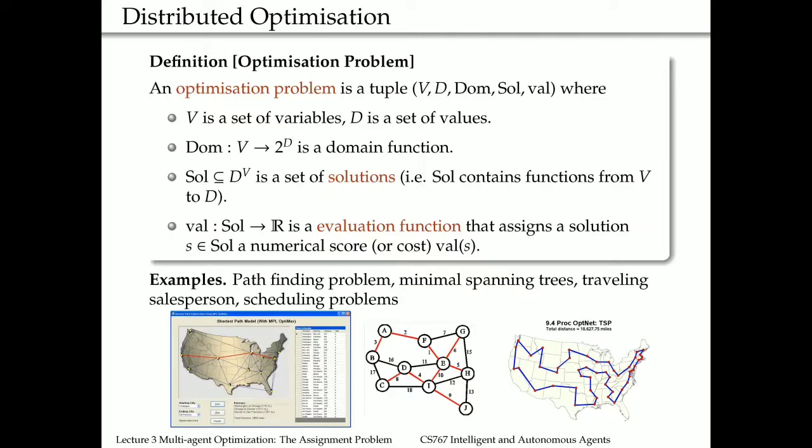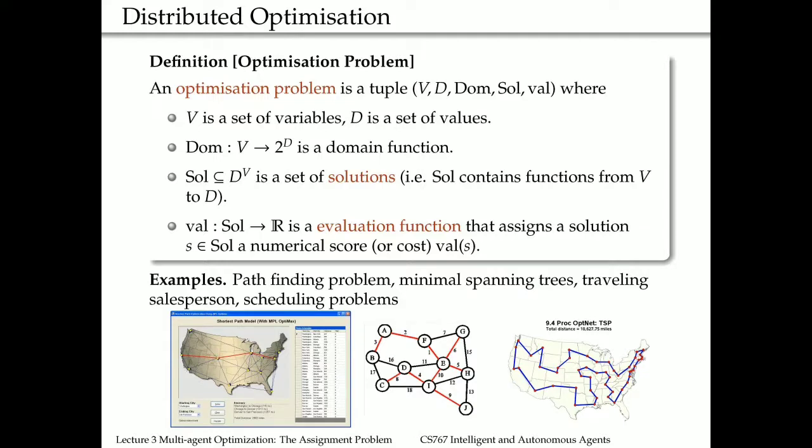But moreover, we have this evaluation function VAL, which maps solutions to a real value, and this value can represent some sort of score or cost. So if it's a score, then of course our goal is to maximize the evaluation, and if it's regarded as a cost, then our goal is to minimize it.